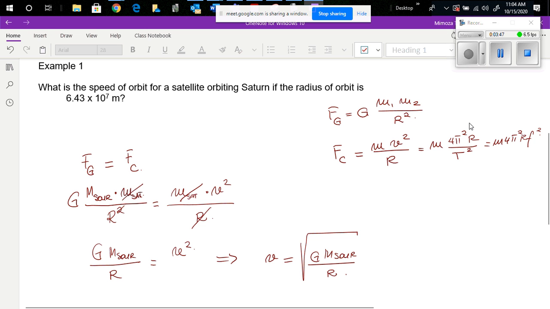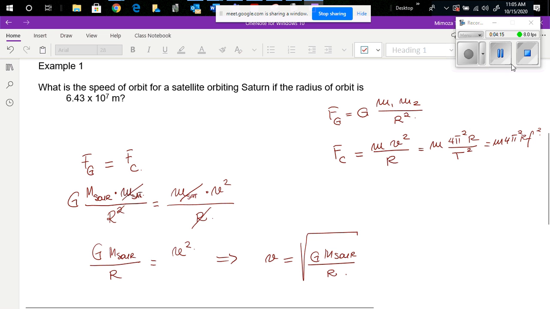So again, on the example that we see here, we have a satellite that is orbiting Saturn. Therefore, Saturn will be the source. And the radius of the orbit, which is taken from the center of Saturn to the satellite, is 6.43 times 10 to the power of 7.